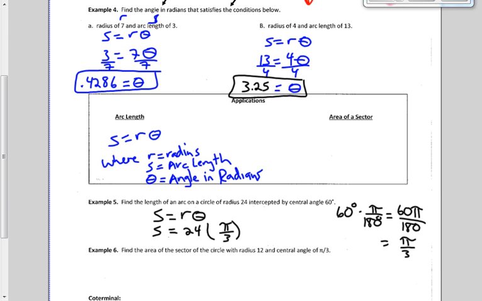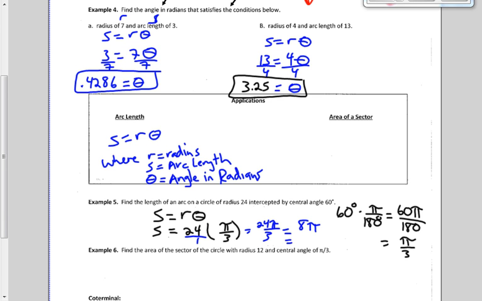And now that I have pi here, I can write my angle with pi. Multiplying these two together, I get 24 pi over 3. And 24 can be divided by 3 8 times, so I end up with 8 pi. And that's how long the arc length is.